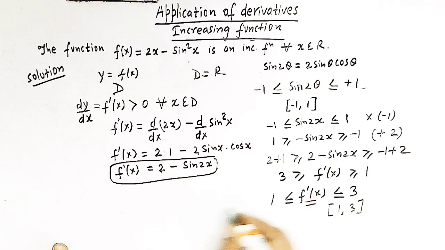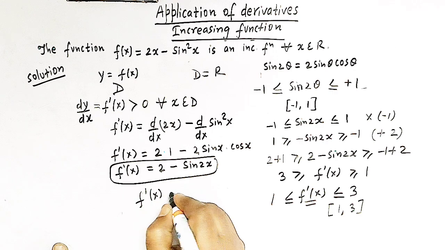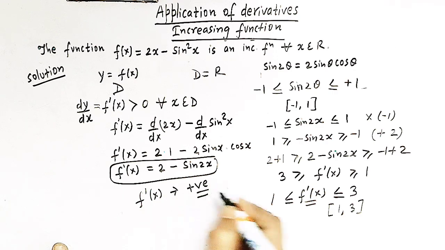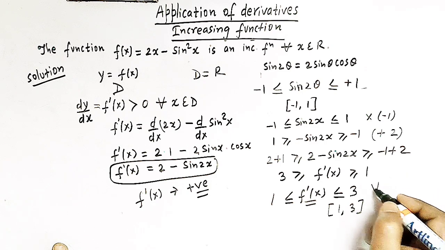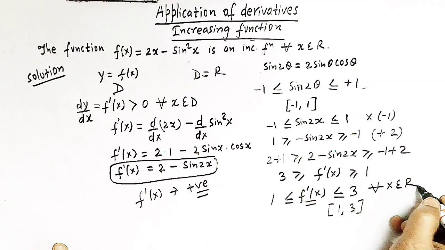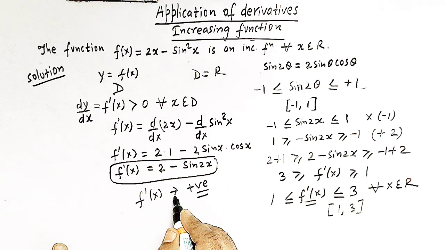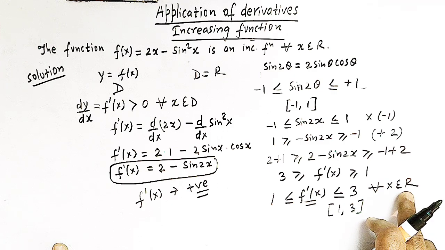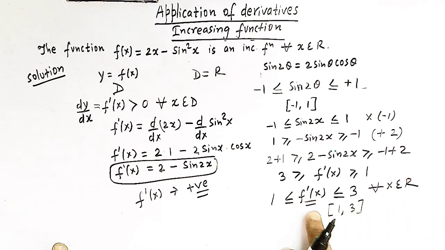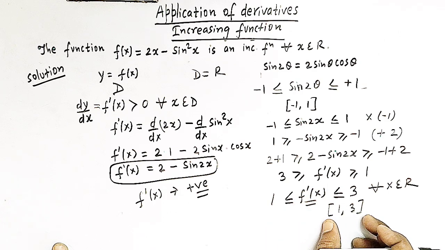And f prime of x is always going to be positive, because the value of f prime of x lies in this interval from positive 1 to positive 3 for all values of x belonging to R. So f prime of x is a positive quantity for all values of x belonging to the set of real numbers, because f prime of x has the value lying between 1 and 3, and both these numbers are positive.